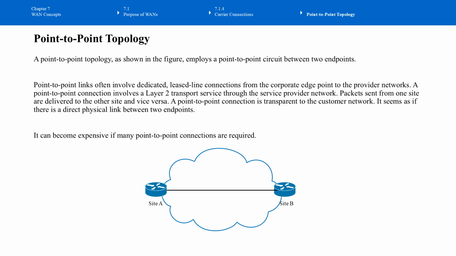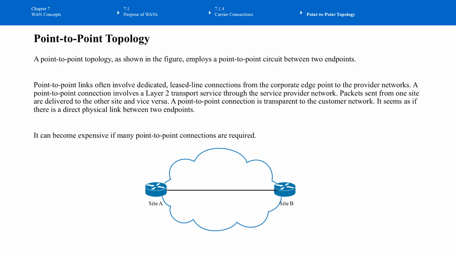A point-to-point connection provides a direct logical connection between two locations. It often involves dedicated, leased line connections from the corporate edge point to the provider networks. A point-to-point connection involves a layer 2 transport service through the service provider network.